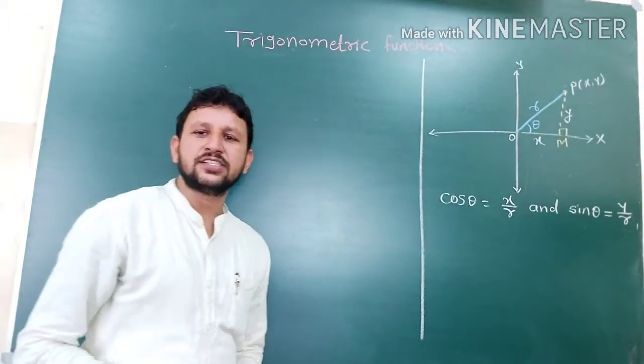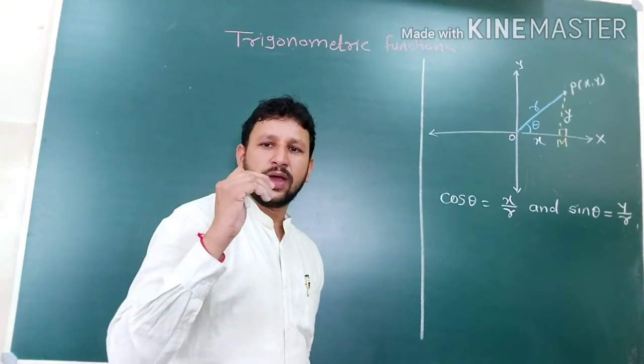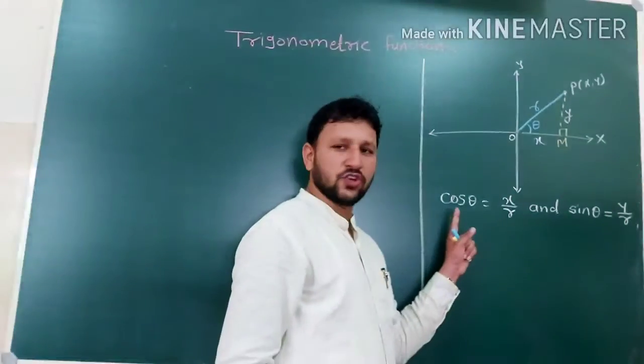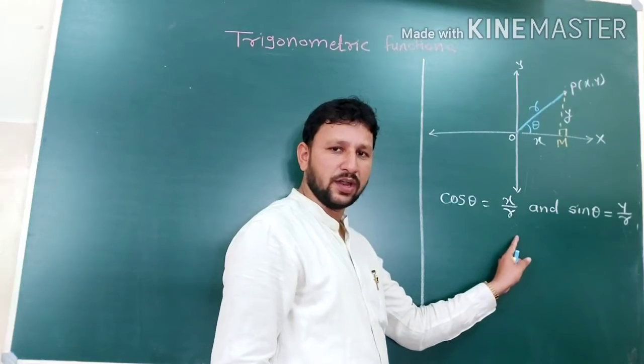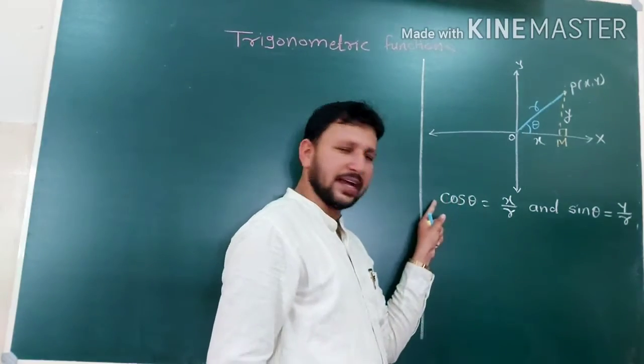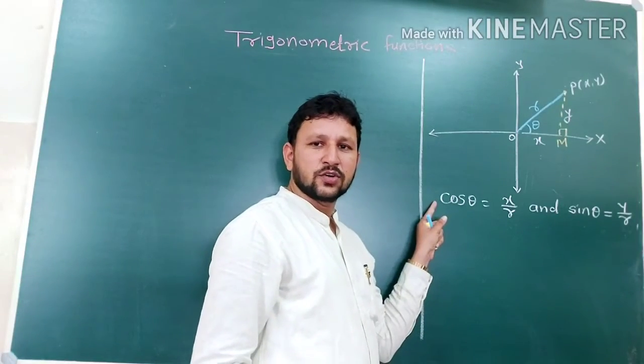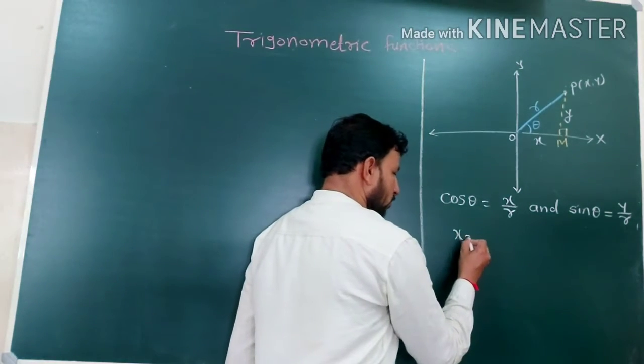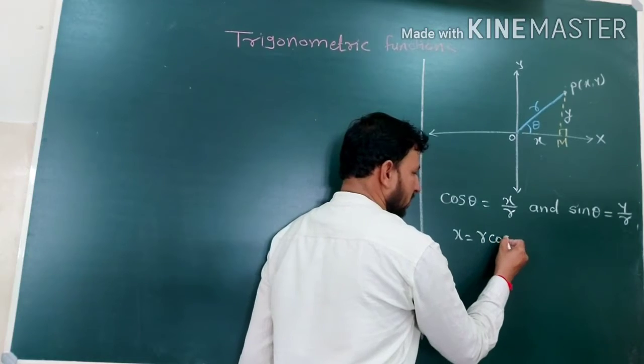From these relations we obtain the value for the x and the y. Let us see in the first ratio, cos theta is equal to x upon r. r shifted to the left hand side will get multiplied to the cos of theta. Hence, x is equal to r cos theta.